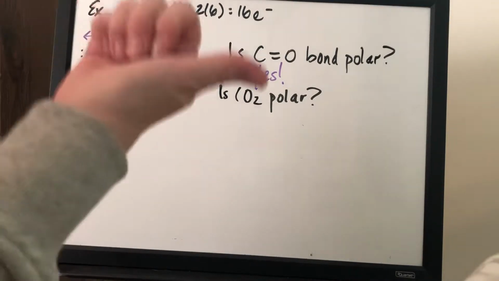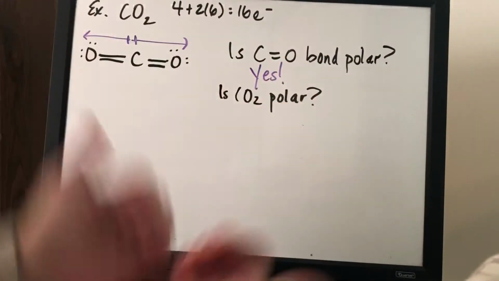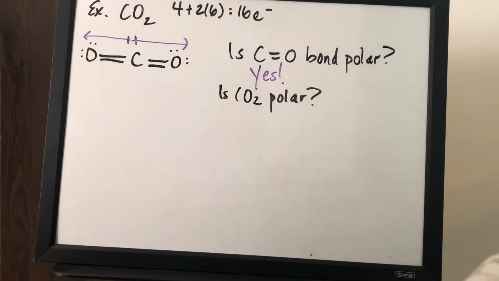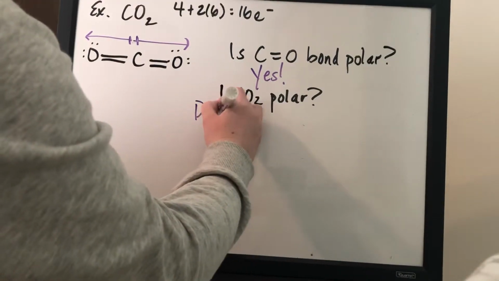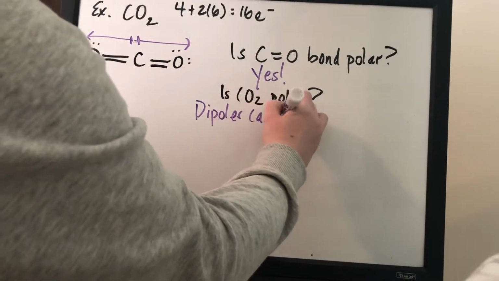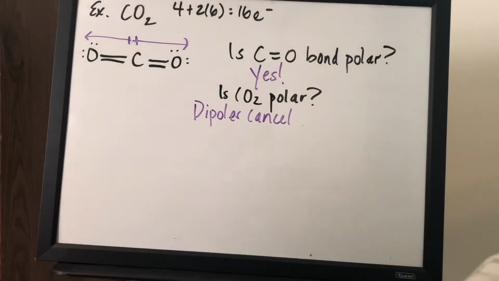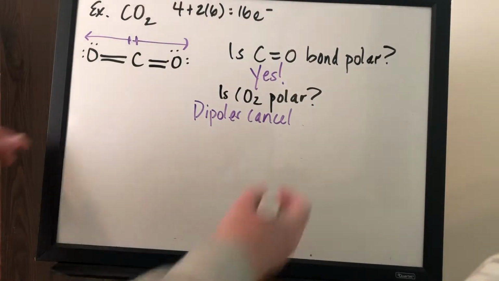It's like there are two arrows pointing opposite ways, pardon my reference there, okay? But they're pointing in different directions. And so because they're pointing in completely opposite directions, those dipoles cancel. Okay, they cancel because they're opposite. So because the dipoles cancel, leaving no dipole behind, the molecule itself is not polar.